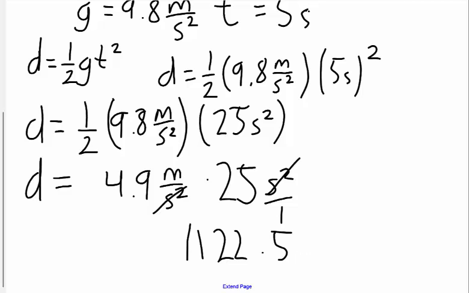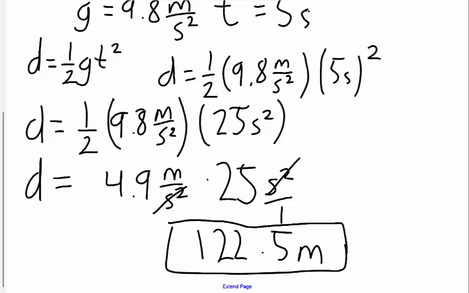It should be meters. 122.5, not 1122, mind you. So 122.5 meters. So that's how far that rock would fall in free fall in 5 seconds.